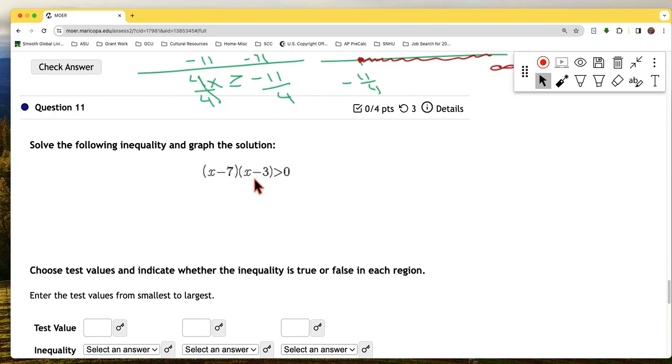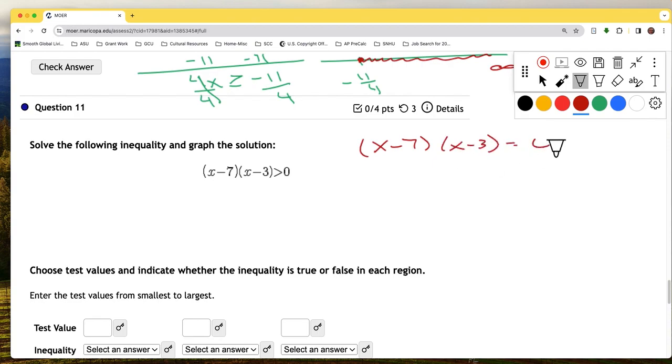Because this is factored, whenever one of the factors becomes 0, the whole side becomes 0. So we can find where it's equal to 0. And then we're going to check the point. So let me explain here. We take x minus 7 times x minus 3 and solve for where it's equal to 0.